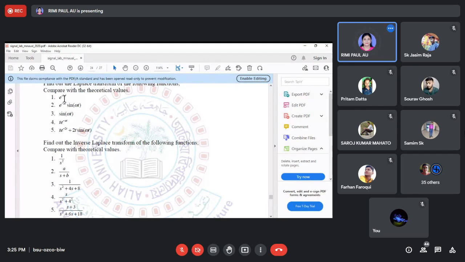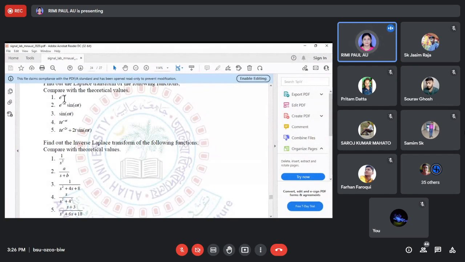So the theoretical answer and practical answer should be the same. Whenever you complete the theoretical data as well as the practical data, after that you will submit the lab copy. I will give you the time. Or it may happen that you have to submit the practical lab copy first, then I will give you time to solve the problem theoretically also.